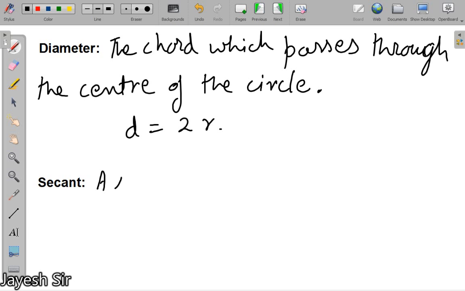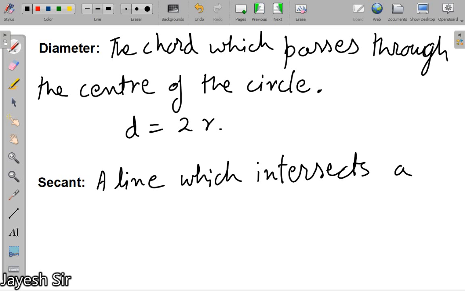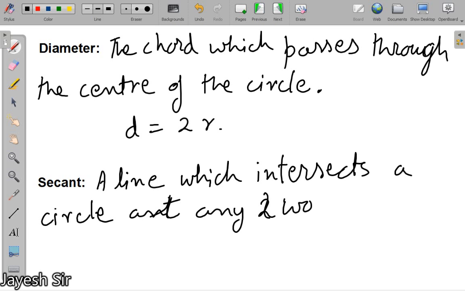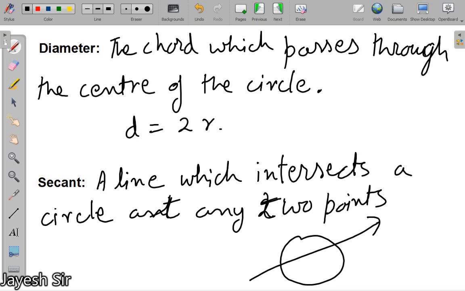A line which intersects a circle at any 2 points. Suppose this is a circle, so this line is a secant.